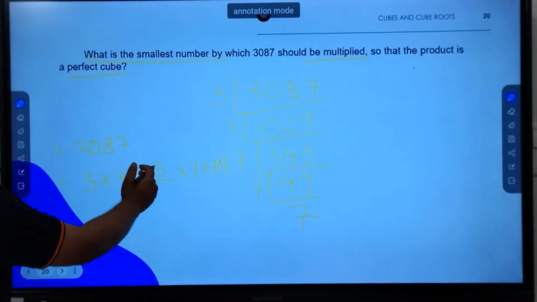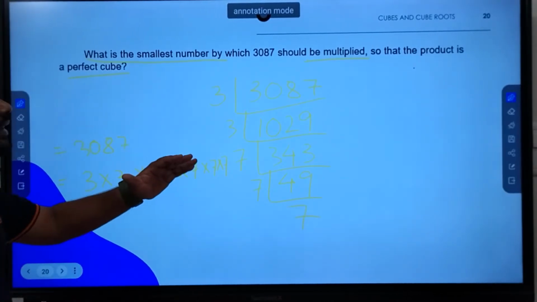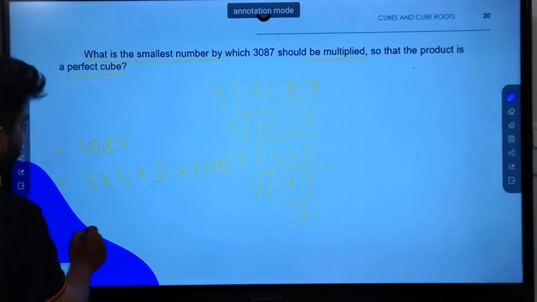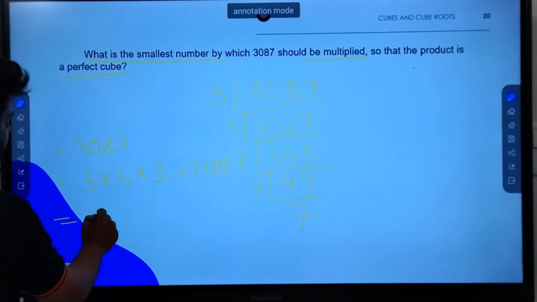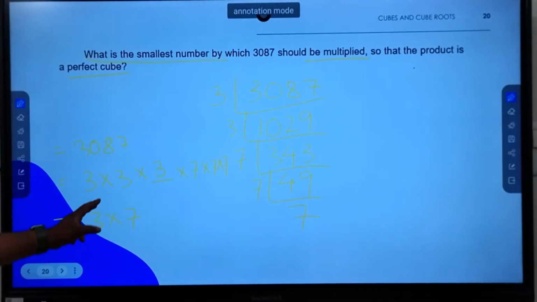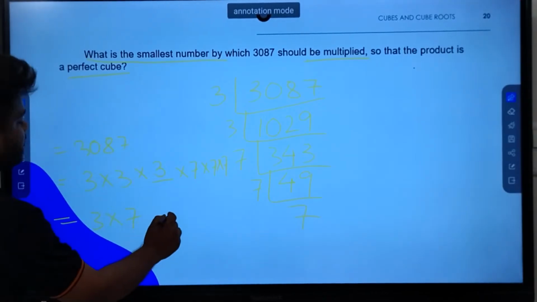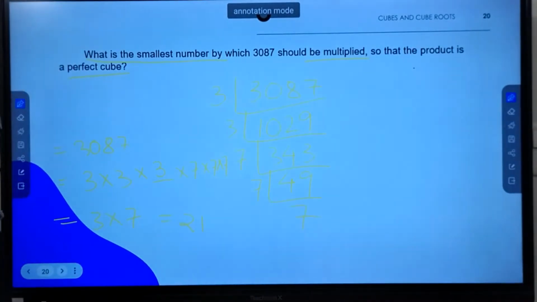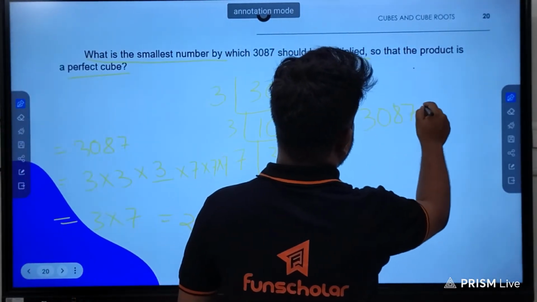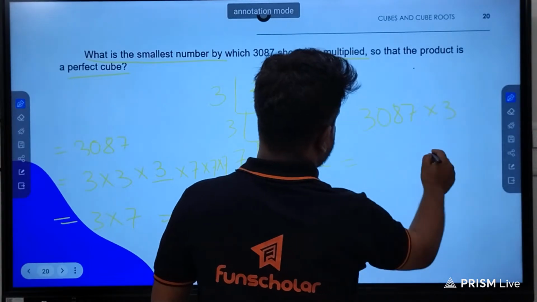Because it has only one 3 less for this number. So if you multiply by 3, then one 3 will come out from three 3s and one 7 will come out from three 7s, and the answer will be 21.